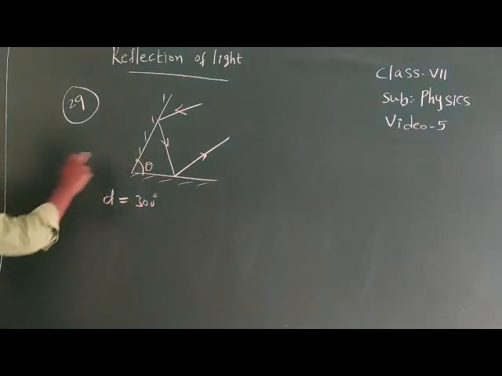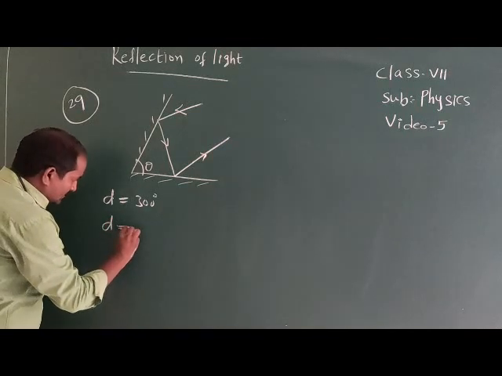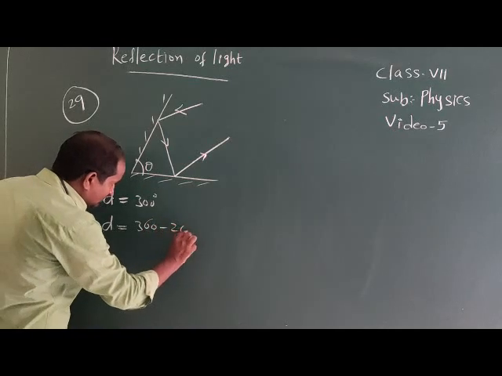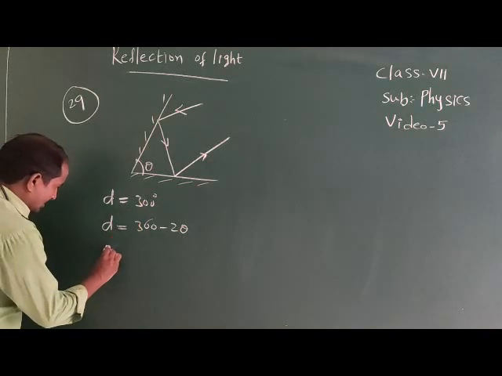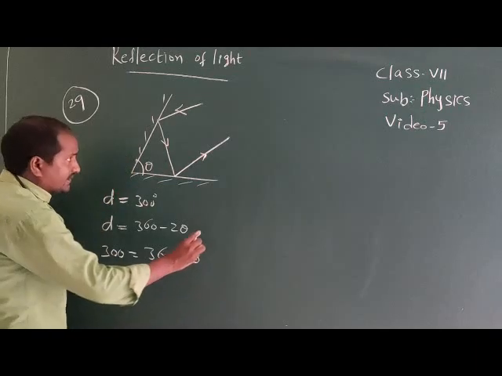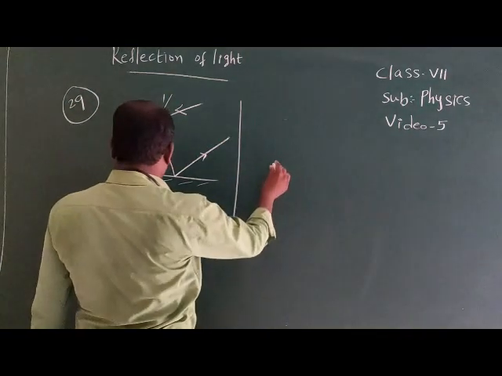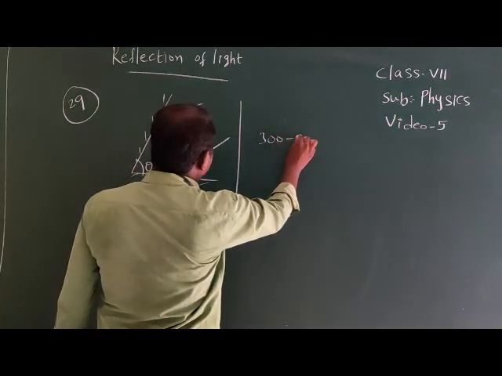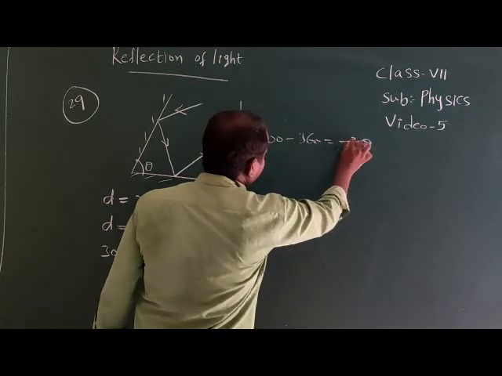Okay, for example, in the diagram, D equals 360 minus 2 theta. So here 300 equals 360 minus 2 theta. That equals 300 minus 360, that equals minus 2 theta.